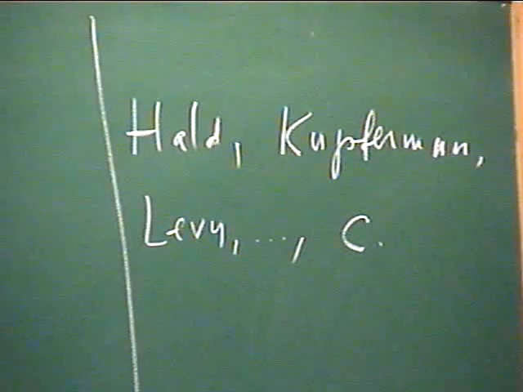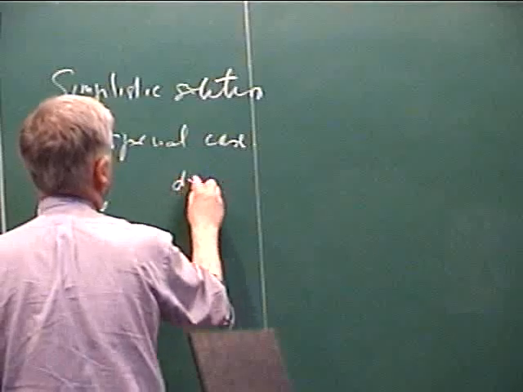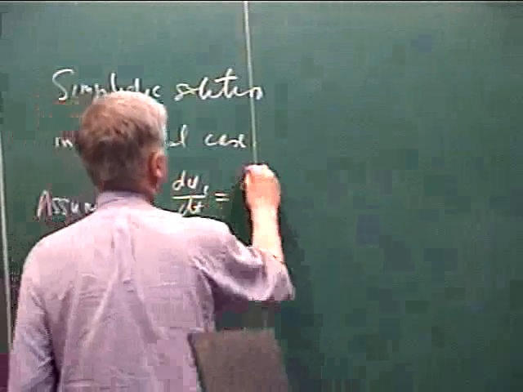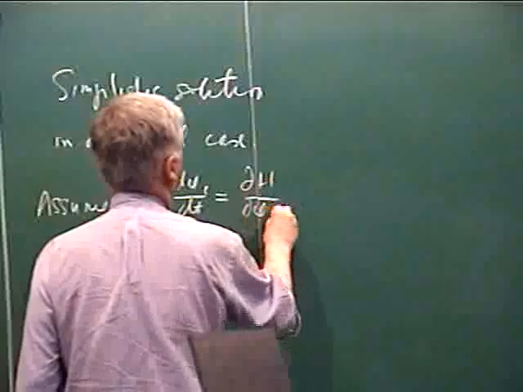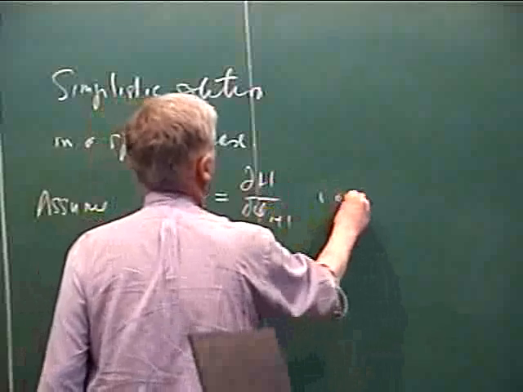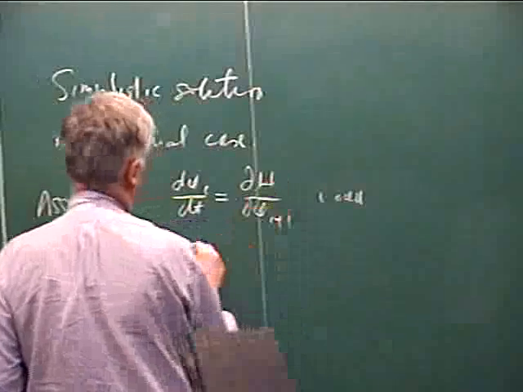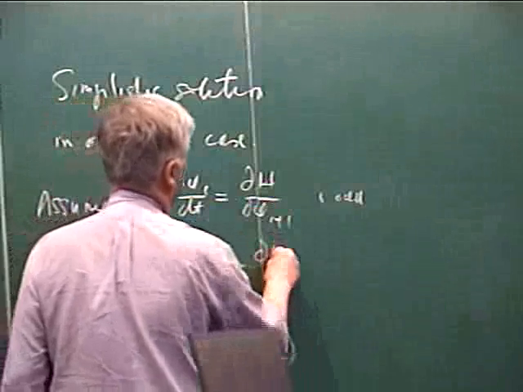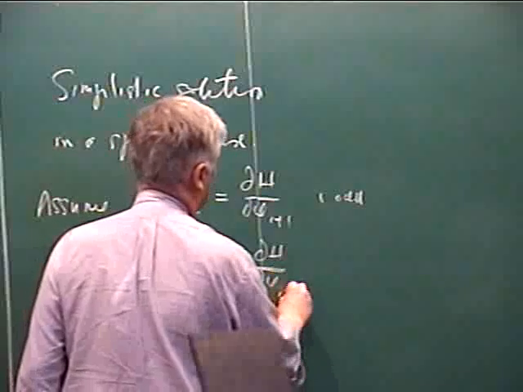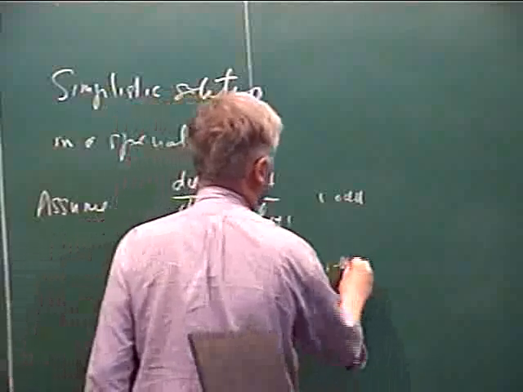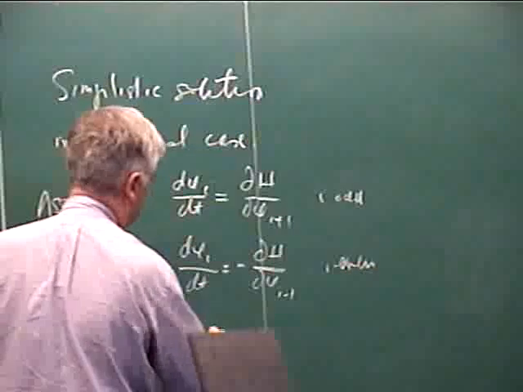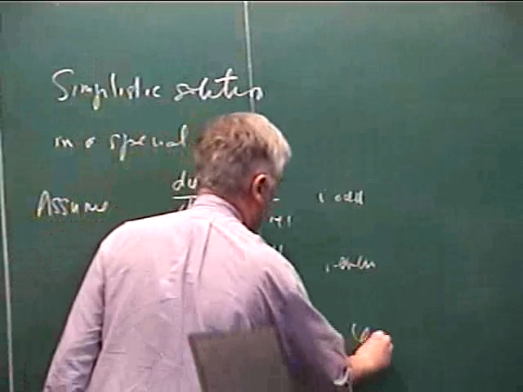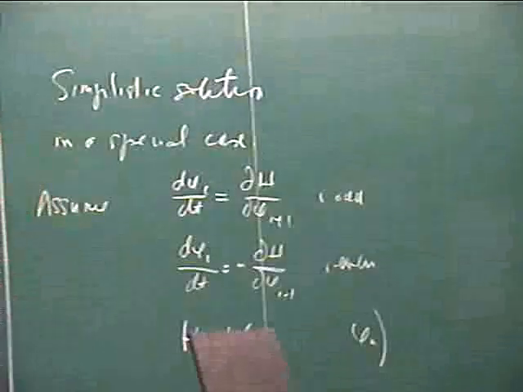So one way of writing that is d phi_i over dt equals dh over d phi_(i+1) for i odd, and d phi_i over dt equals minus dh over d phi_(i-1) for i even, where h is a function h of phi_1 up to phi_n, the Hamiltonian.